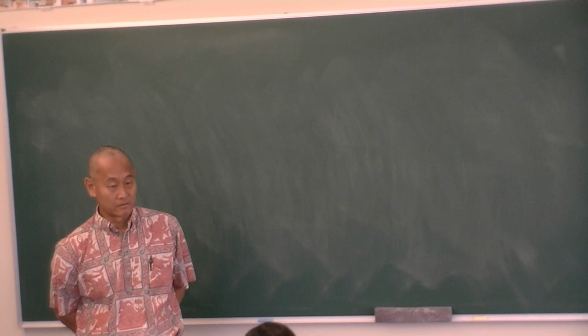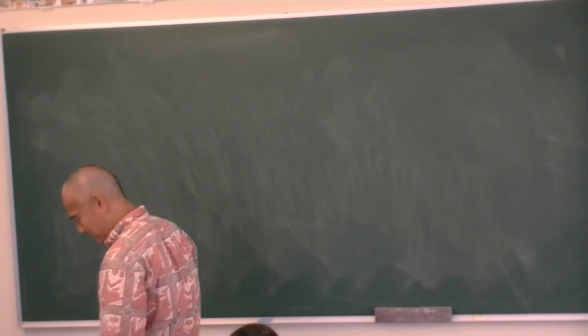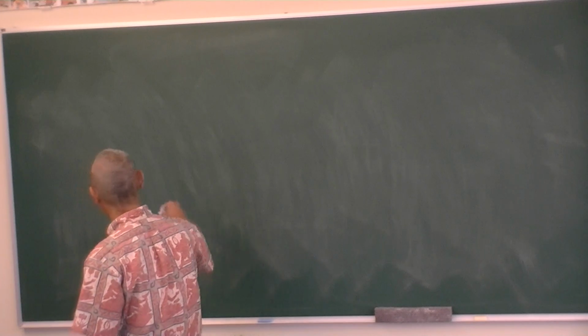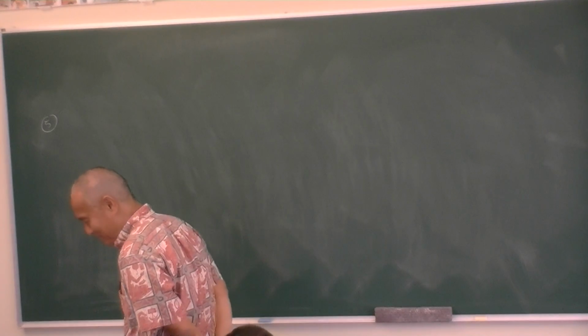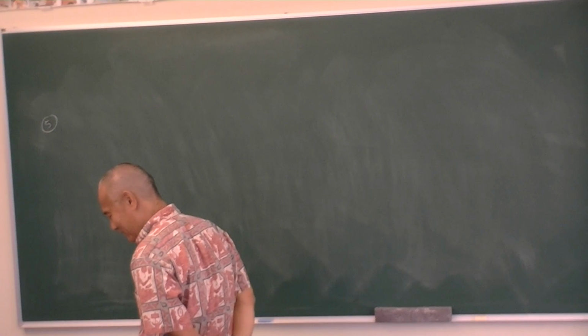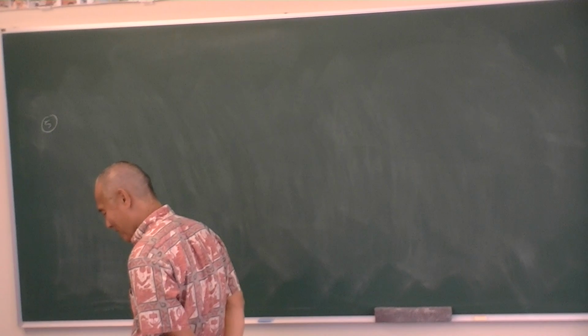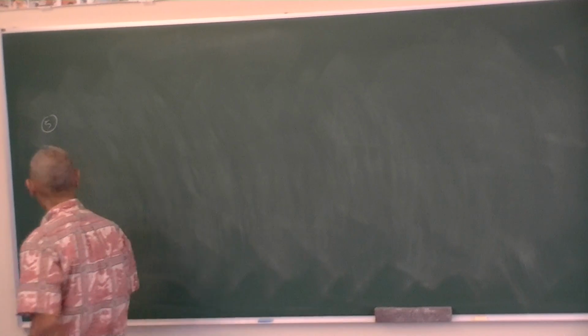Okay, let's do one of them. Okay, let's do number 5. How many terms are needed to approximate sine of 1/2 so that the magnitude of error is less than 10 to the negative 4? Okay, that sounds like the quiz.